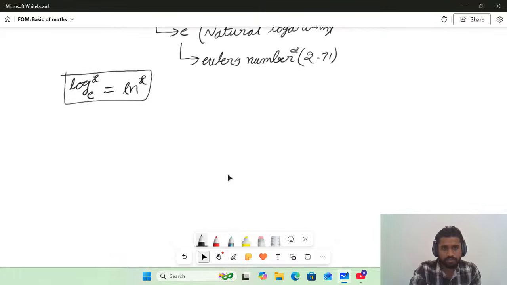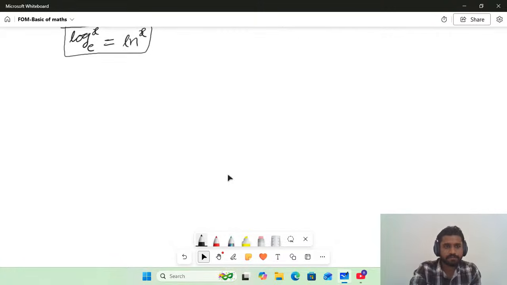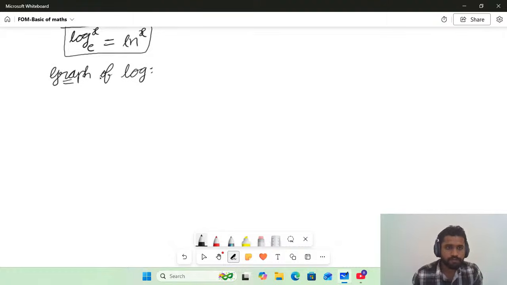Okay, clear? So now we will see the graph of log x. What is the graph of logarithm? How will it be? Tell me whether it is an increasing function or a decreasing function.